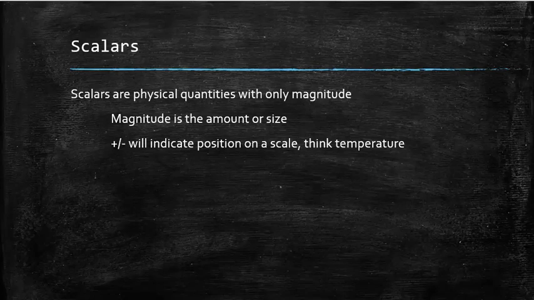An example of that would be temperature. It's cold outside, it's minus 10 degrees. That doesn't tell you that it's backwards 10 degrees, it just says it's below zero. So that's a scalar quantity. Mass is a scalar quantity, time is a scalar quantity. These are things that direction really doesn't make sense for.